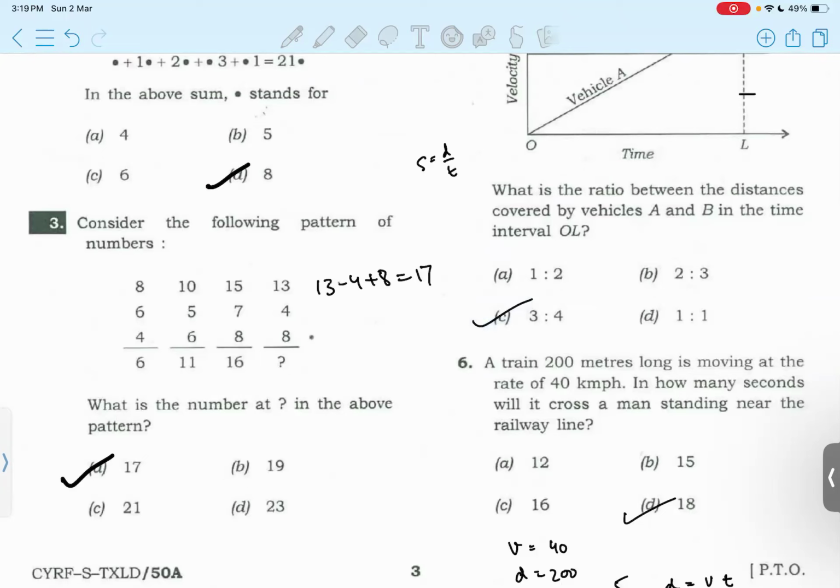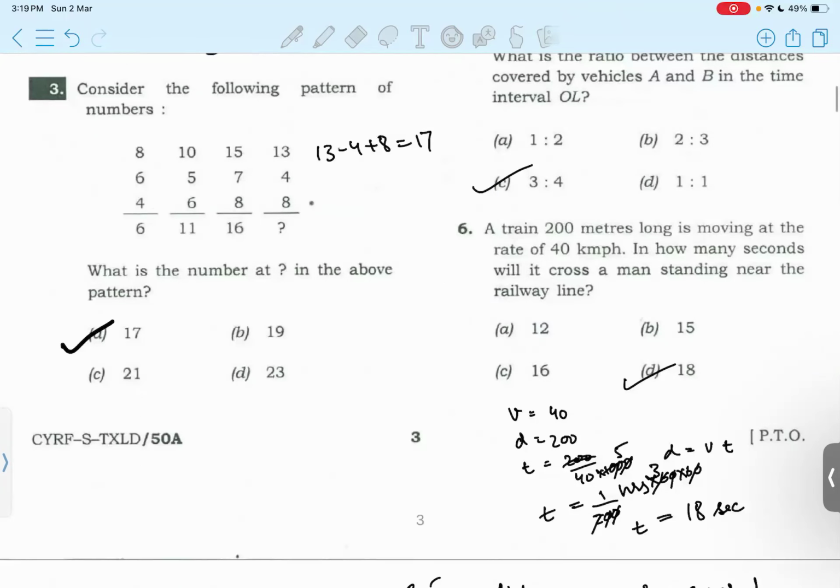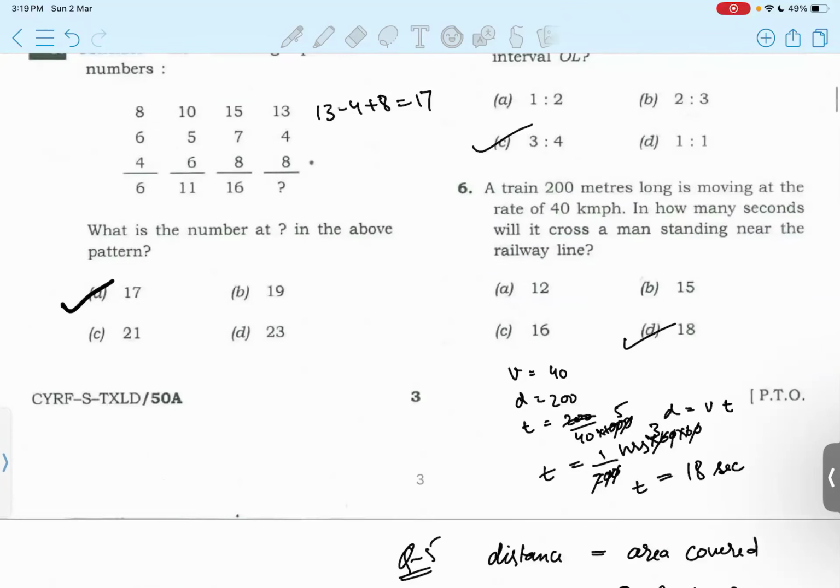Okay, now a train 200 meters long is moving at the rate of 40 kilometer per hour. You need to take into account the units which are given. It is in meters, this is in kilometer. In how many seconds will it cross a man standing near the railway line? So we are given speed, and distance we will take as 200 meters, which is the length of the train.